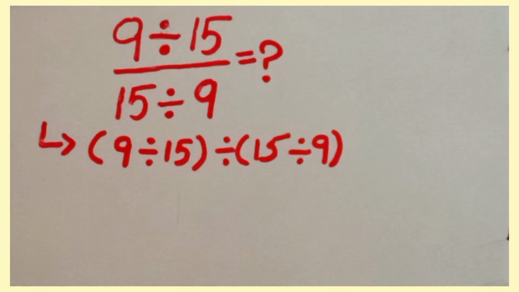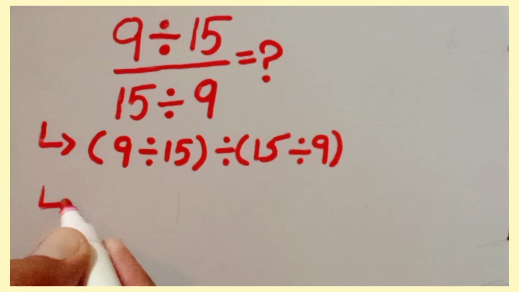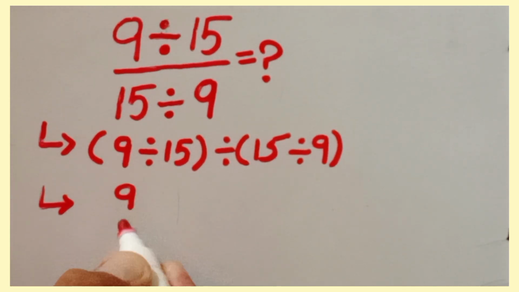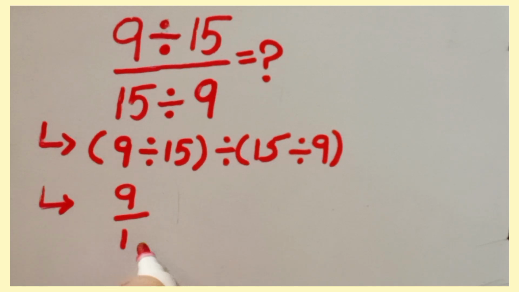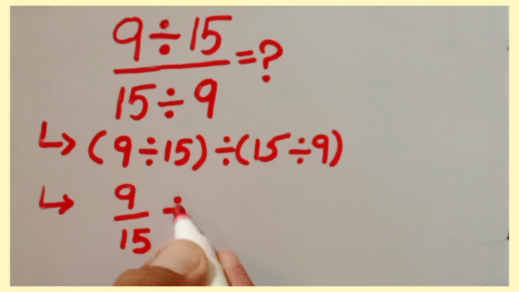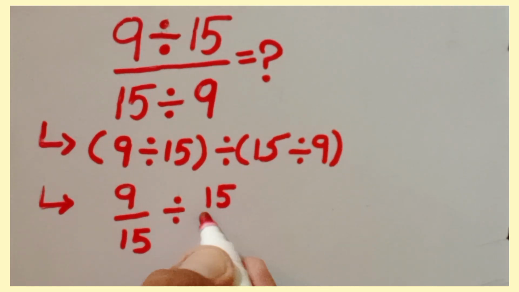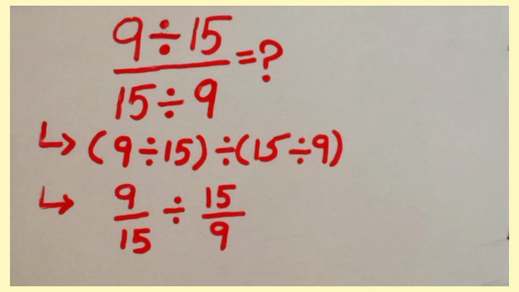Okay students, now in the next step I can write it as 9 divided by 15, divided by 15 divided by 9. Okay, I hope you all understand from here.